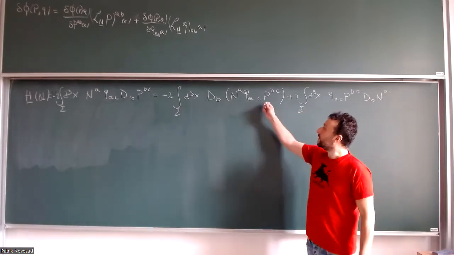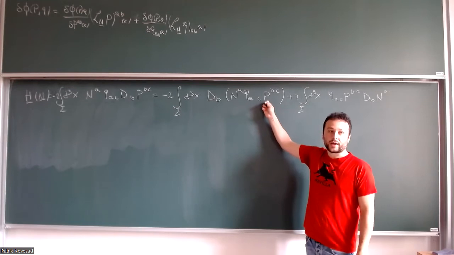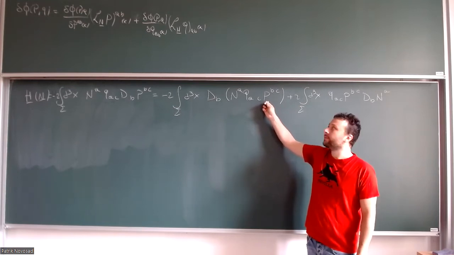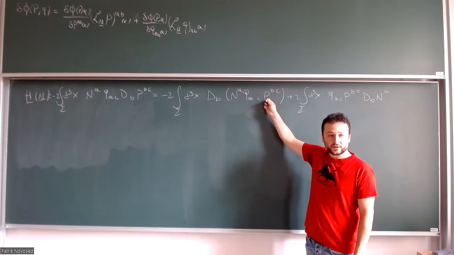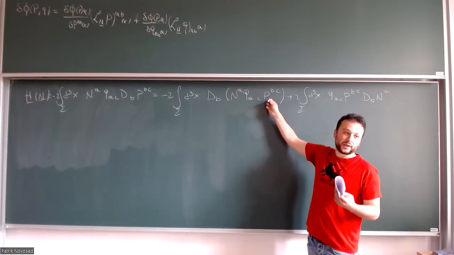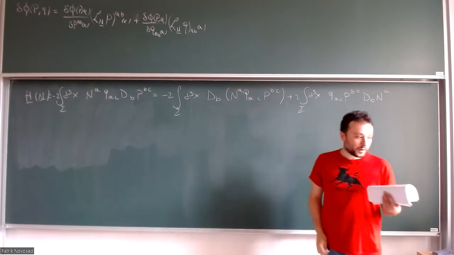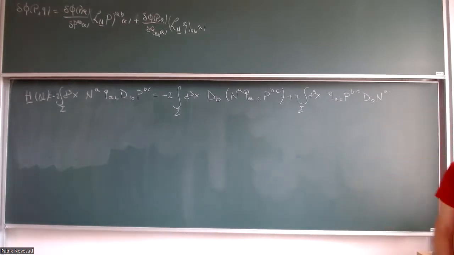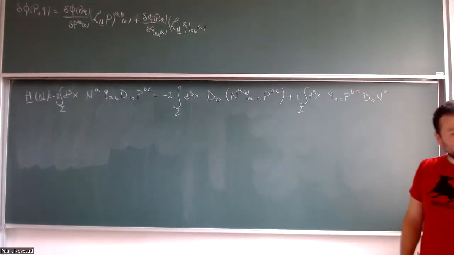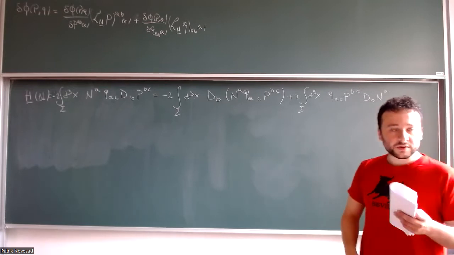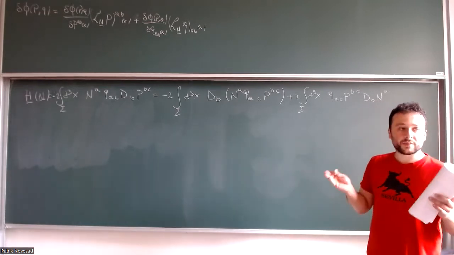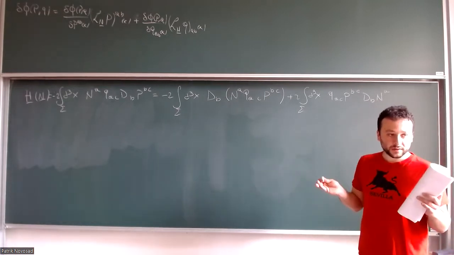Well, because here we actually have a tensor density of weight 1. We have the square root of the determinant of the metric tensor. So actually it should go away because they compensate each other.